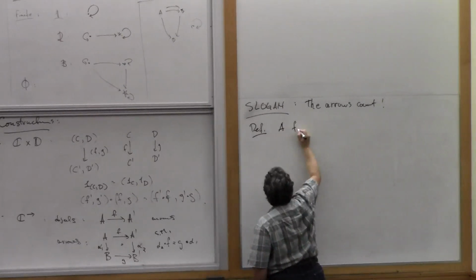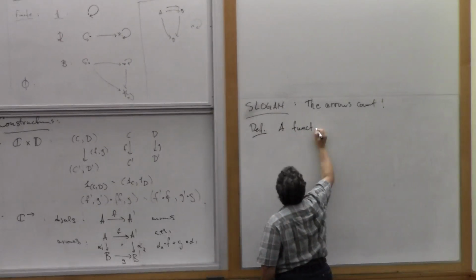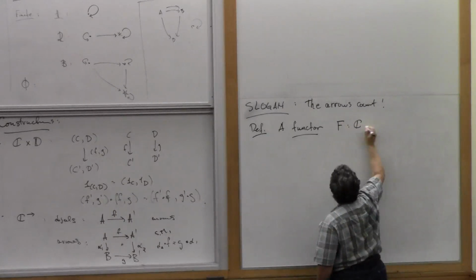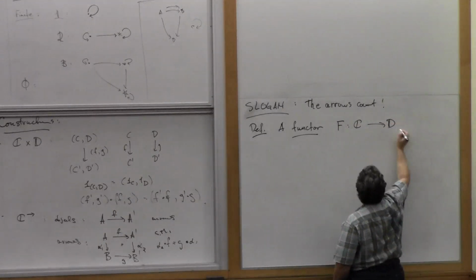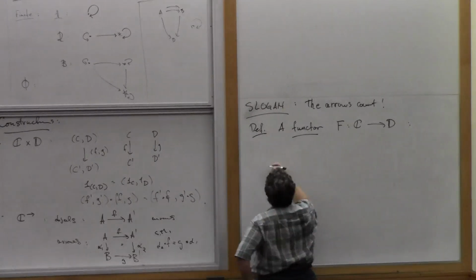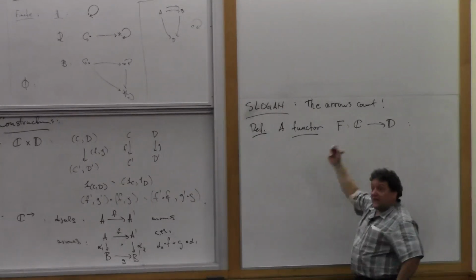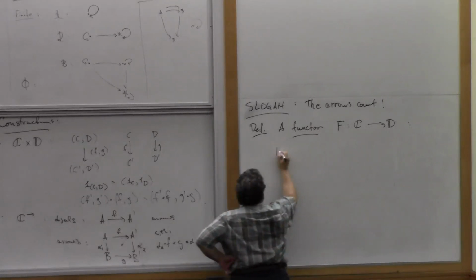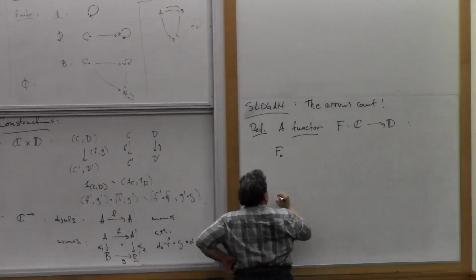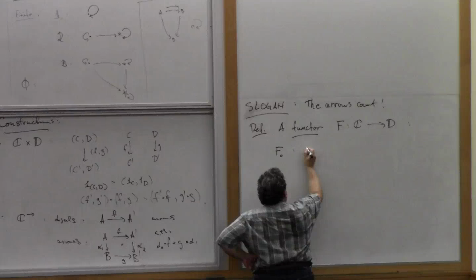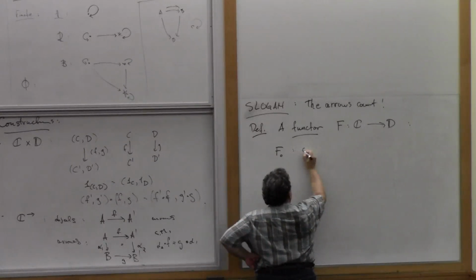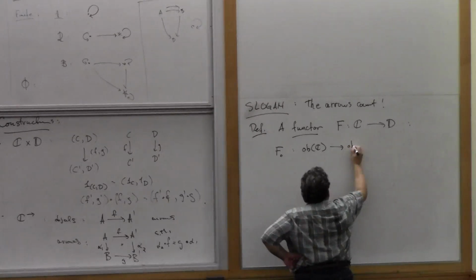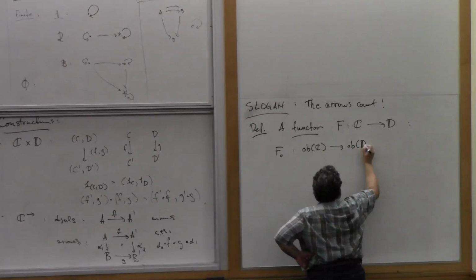So a functor, that's the idea of a map of categories. A functor F from one category C to another category D. What is that? Well, just like a category has two parts, objects and arrows, a functor also has two parts. So officially, although I'll never write this again, it has a part that takes the objects of C to the objects of D. So it's a mapping.